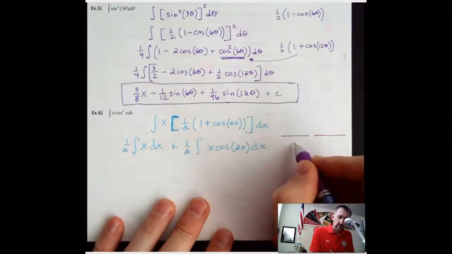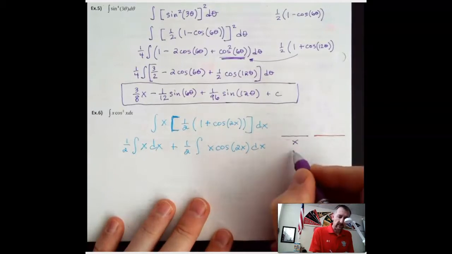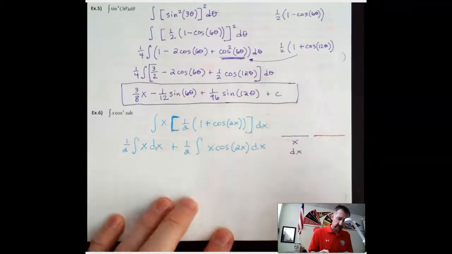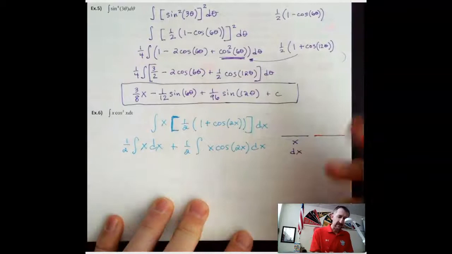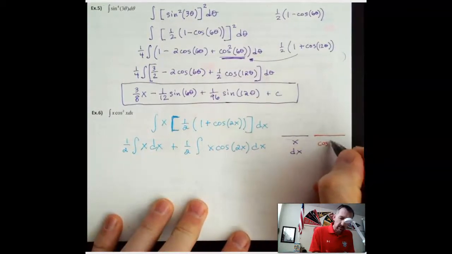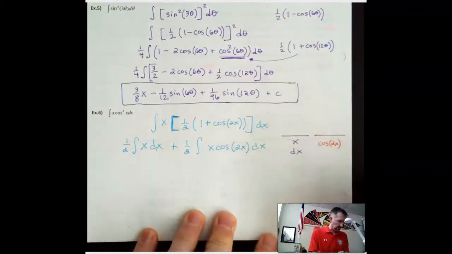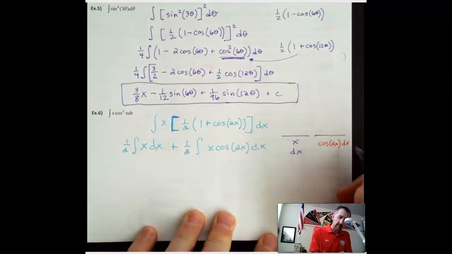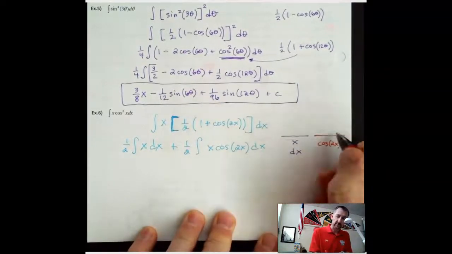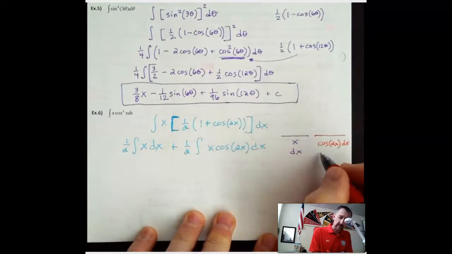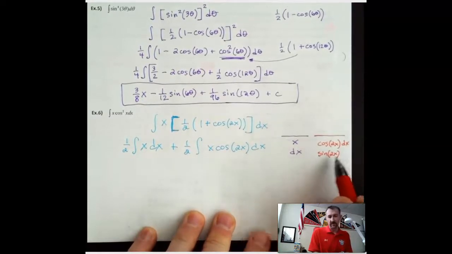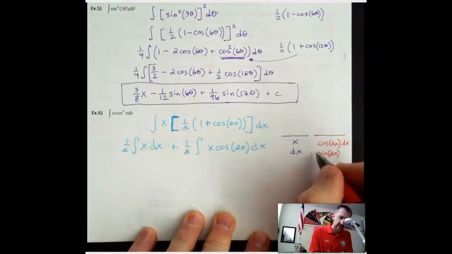So u is going to be x and du is going to be dx, and then dv is going to be the cosine of 2x, and so this side we integrate, this side we take the derivative, so that's going to be sine 2x, and then again we would have the u situation where u is 2x, so then du would be 2 dx, and there's no 2, so we have to divide that out, so that would be 1/2.